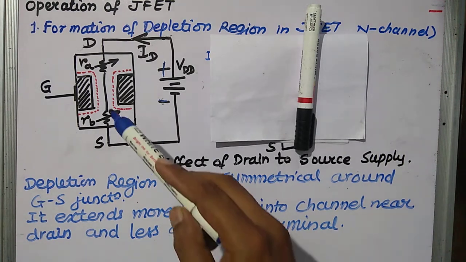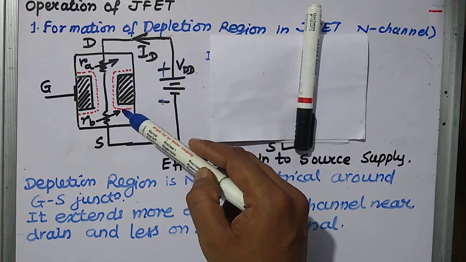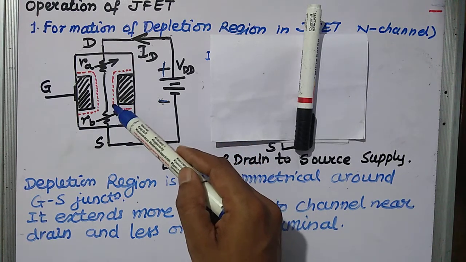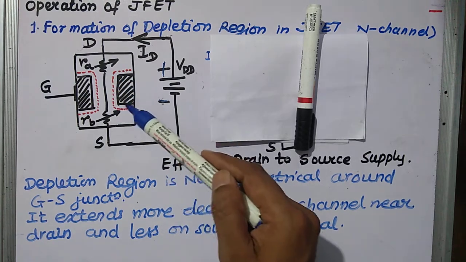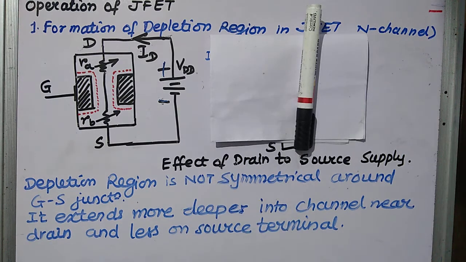Now we can see that a depletion region is formed, but the interesting point is that the depletion region formed here is not symmetrical around the gate to source junction. Why is this not symmetrical? Now I will show one more diagram.